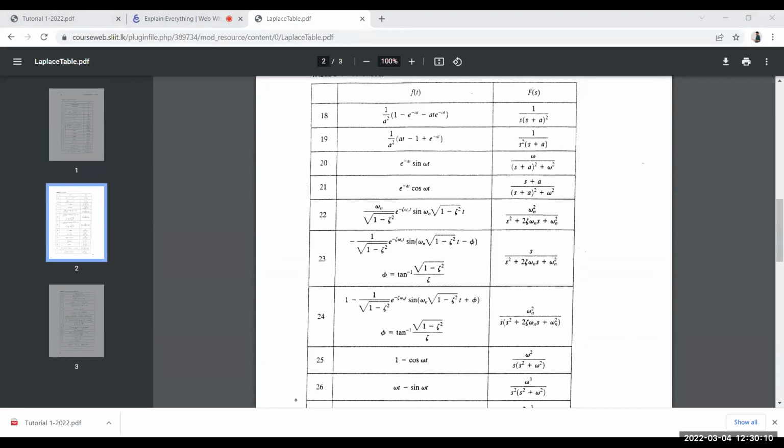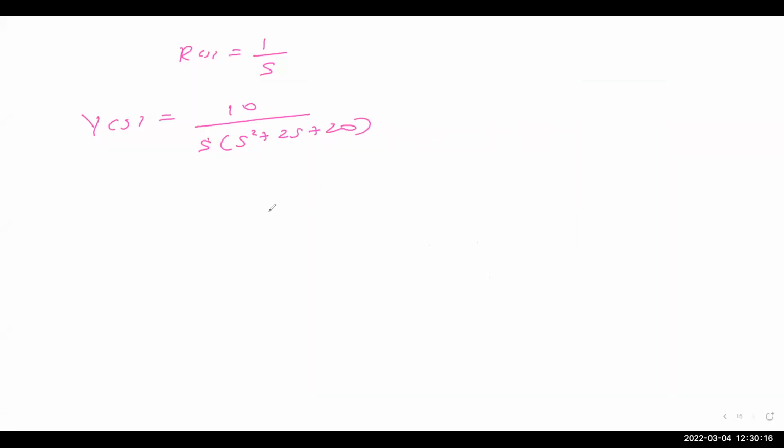So let's go to the whiteboard once again. We'll try to map this. What we have tried to map here is omega n squared divided by s squared plus 2 theta omega n s plus omega n squared, right?